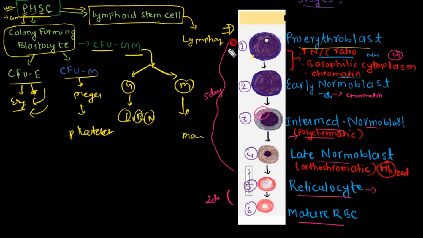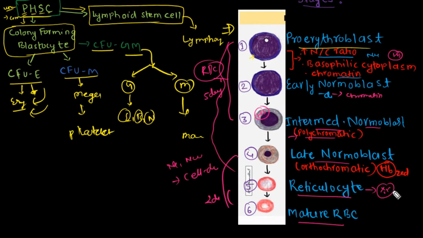Up to these stages the RBC can divide mitotically, but after this it loses the capacity to divide. Later it has no nucleus and no organelles. At the reticulocyte stage, the organelles and nuclear chromatin are dispersed and ruptured, and under the microscope appear as a reticular network, and thus we call it the reticulocyte stage. Then we have the mature RBC, with its central pallor and surrounding biconcave shape. So this is all about erythropoiesis.